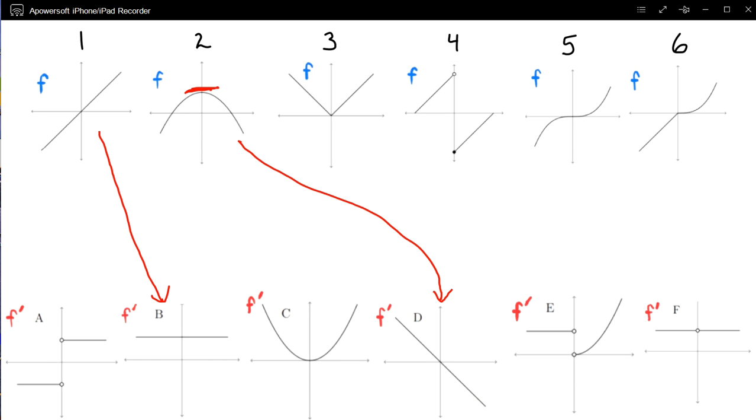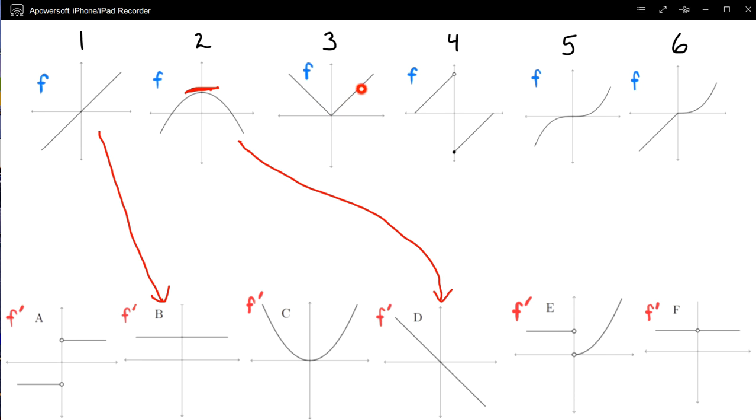All right, so looking at graph number 3, this is a graph of an absolute value function. One of the things you'll notice is to the left of 0, this is acting as a linear function. The slope is the same everywhere to the left of 0, and is decreasing from the left to the right. Since it is decreasing from the left to the right, our slope or derivative is a negative constant value.